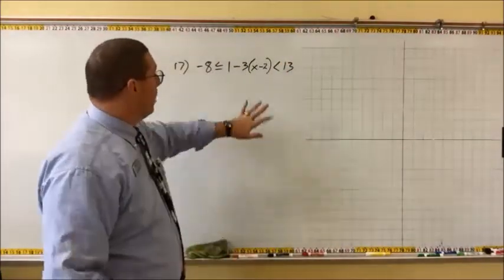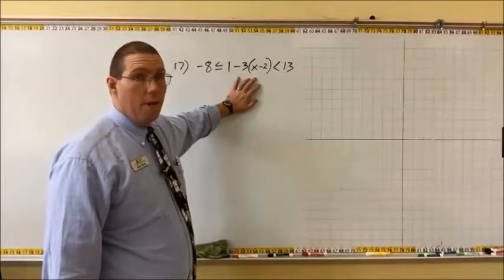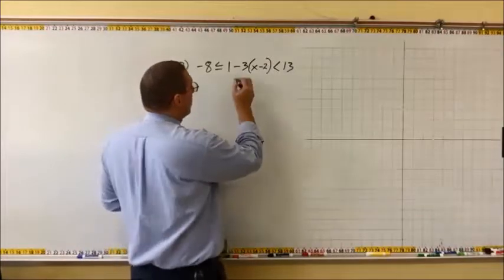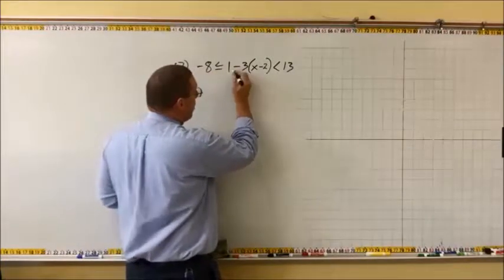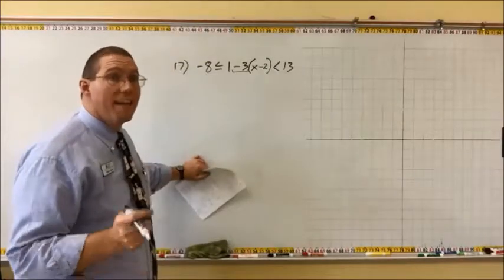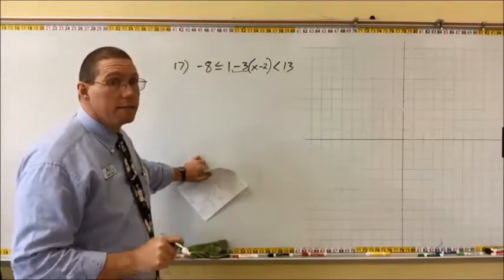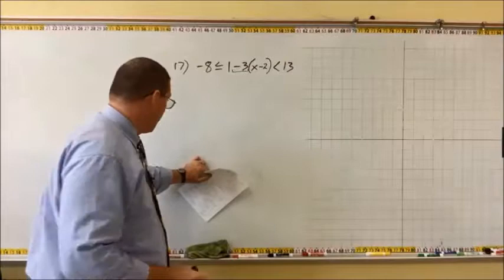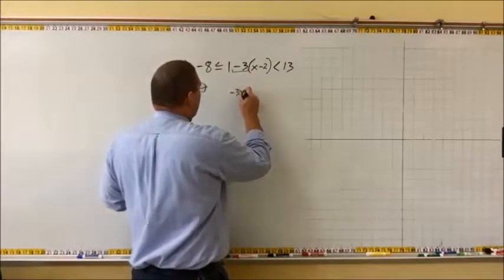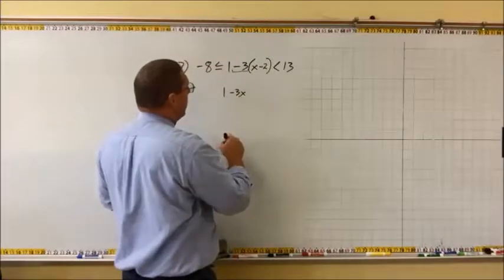Now, I want to clean up the middle first before I do any funky algebra, okay? So I'm going to distribute this. Now, note, this is not just a 3. That negative sign belongs to that 3, so I'm distributing negative 3, not just 3. Negative 3 times x is negative 3x. And by the way, there's a 1 there.